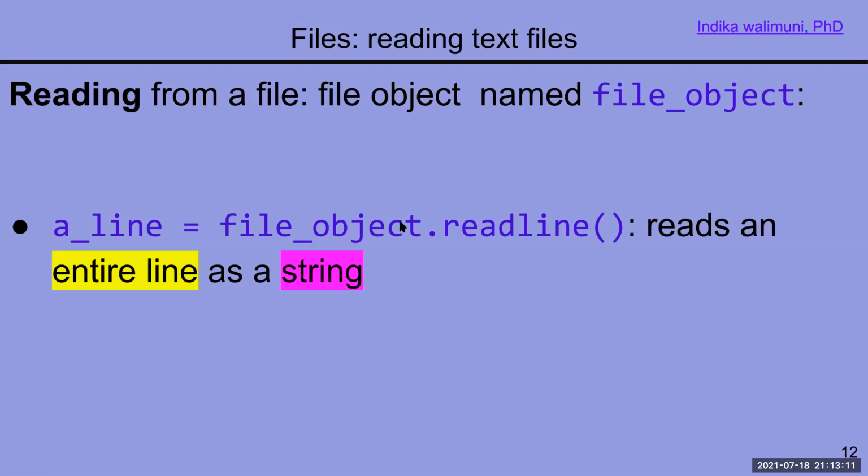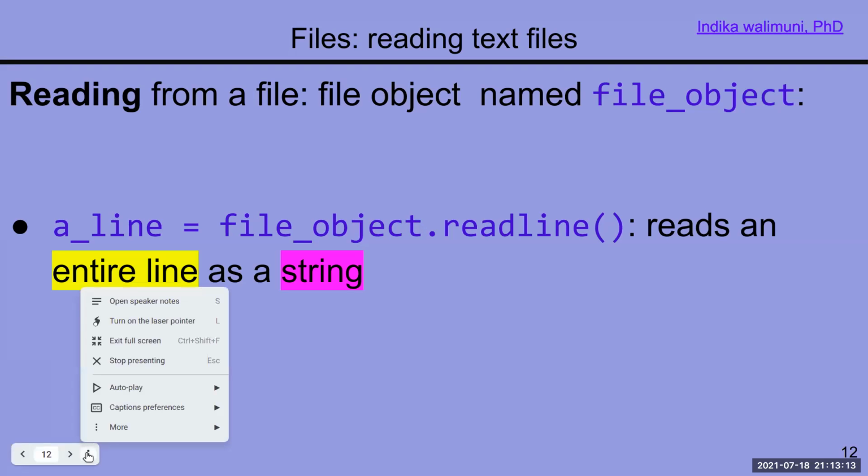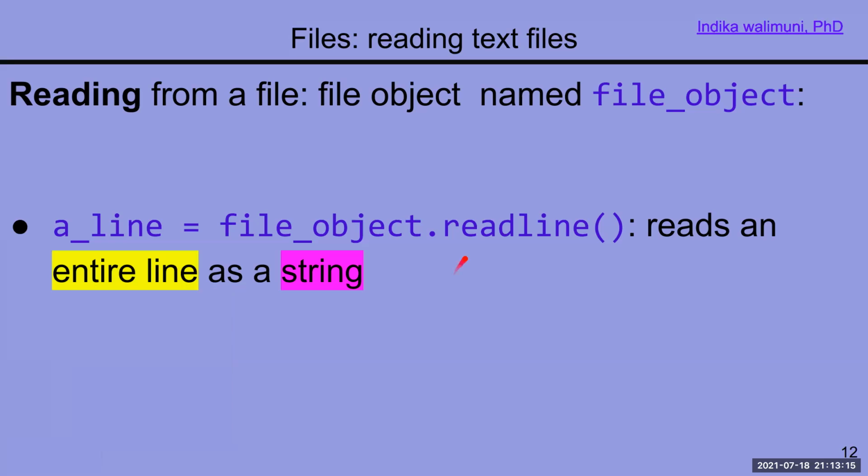The method we have to use is the readline method. We have the file object and the readline method, and it gives out a line. How is Python going to recognize that? In text files, we separate lines using new line.